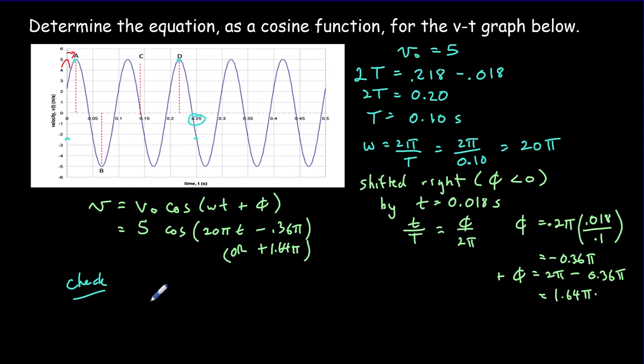And if I plug my numbers in there, 5 times the cosine of 20 pi times 0.25 for the time, say minus 0.36 pi, I get an answer there of negative 2.13, which agrees with what the graph says.